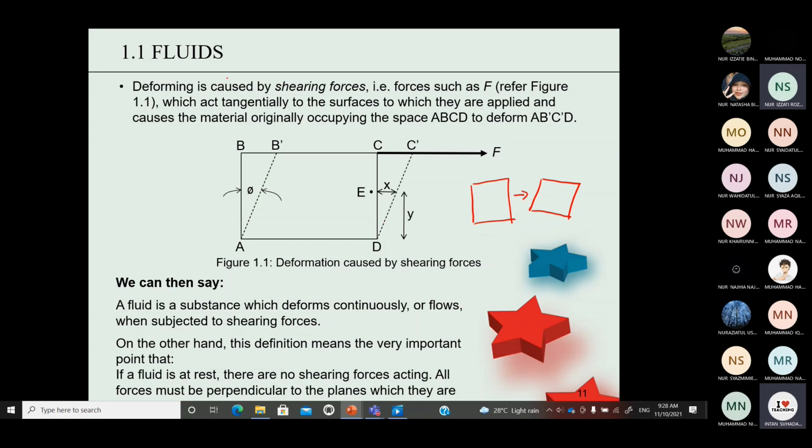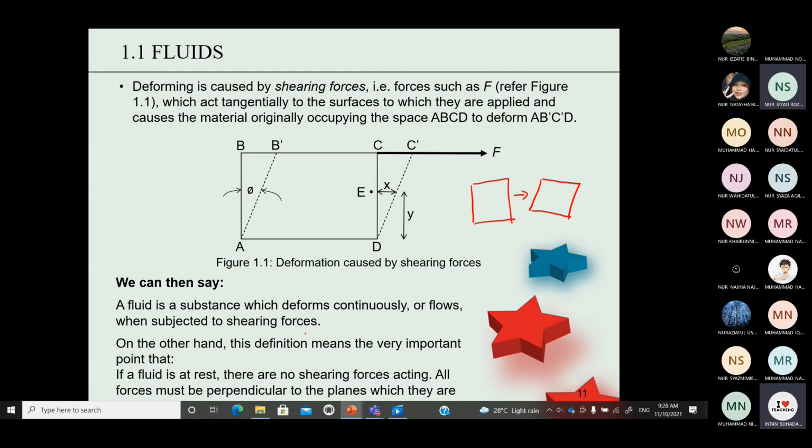Deforming is caused by shearing force. Okay? Force parallel to the area, which acts tangentially. Tangentially means parallel, okay? So from A, B, C, D, the shape will change to A, B prime, C prime, D.